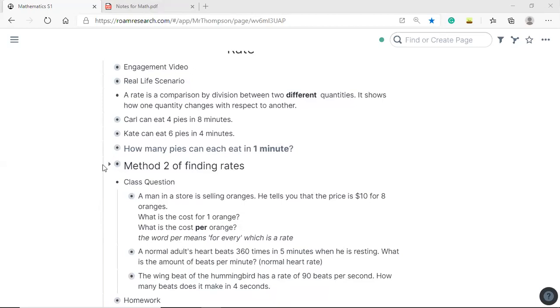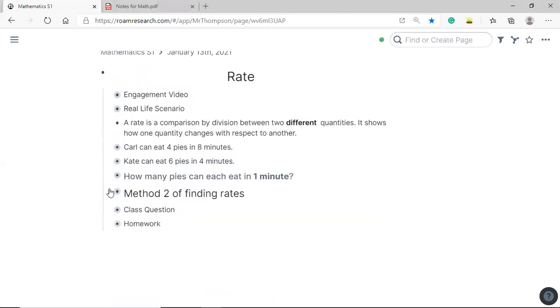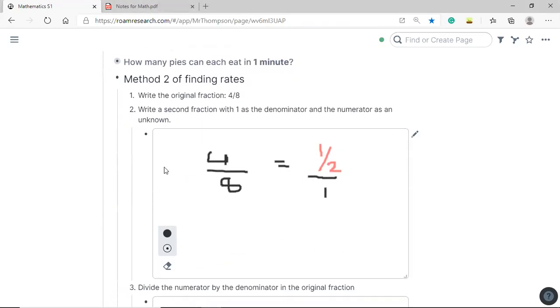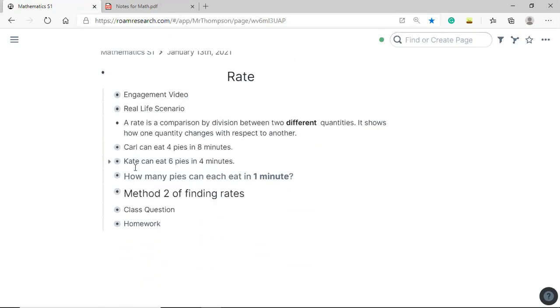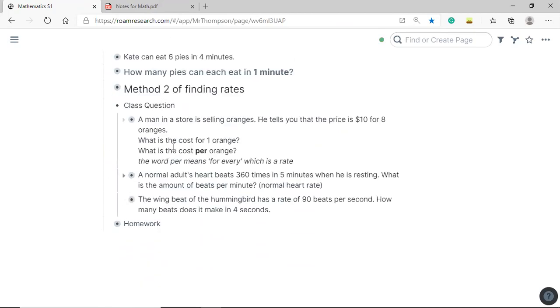Then we figured out the second method of finding rates. We said that simply dividing the numerator by the denominator will give us how much it takes in one rate. Then finally, we practiced 3 class questions to make sure you understood it.